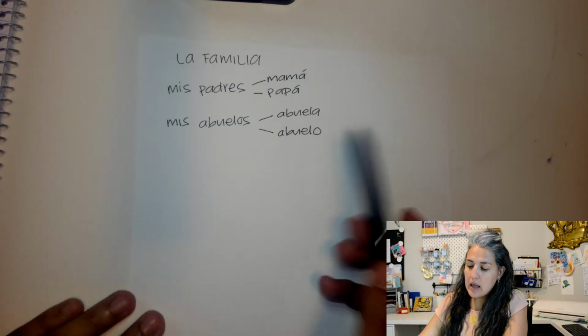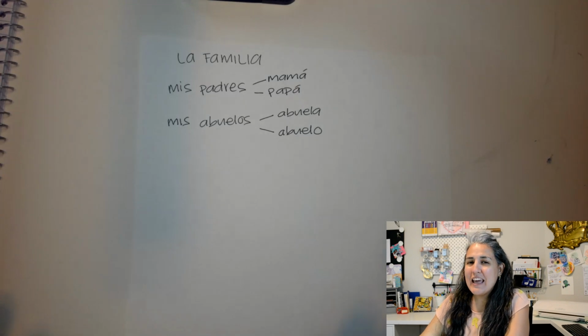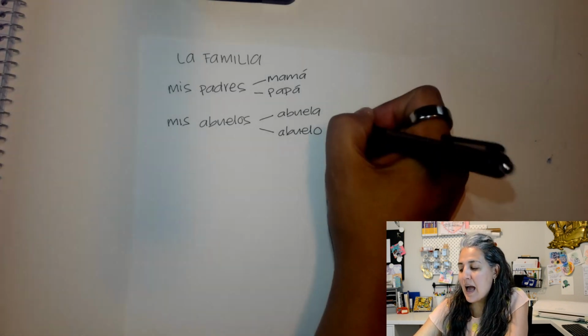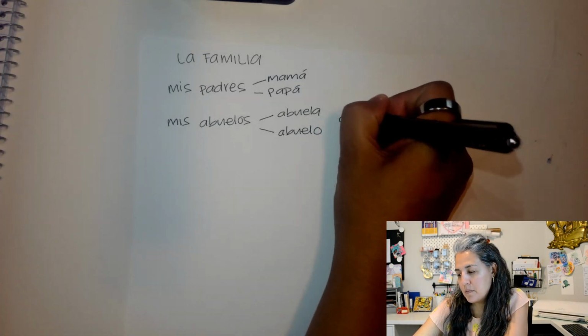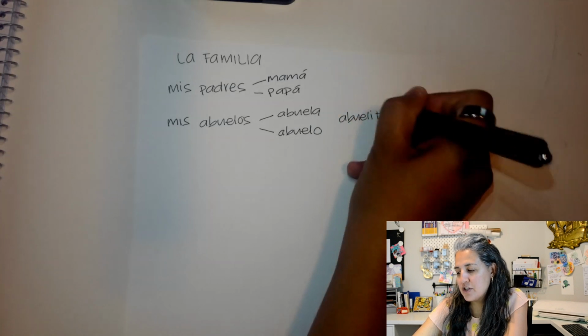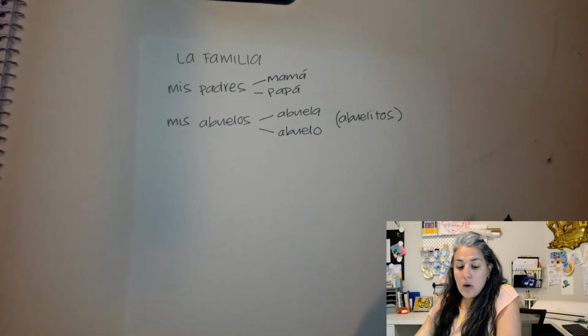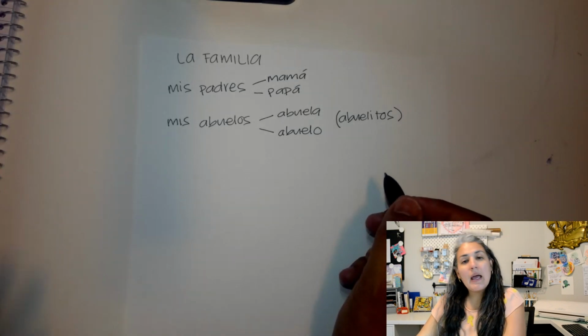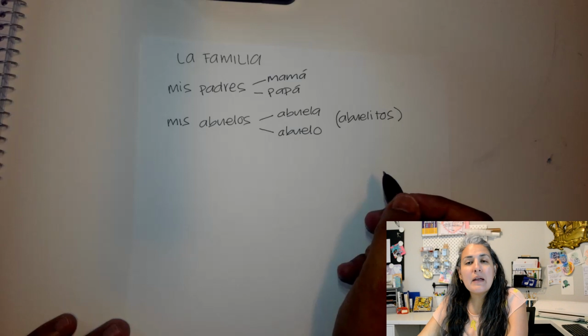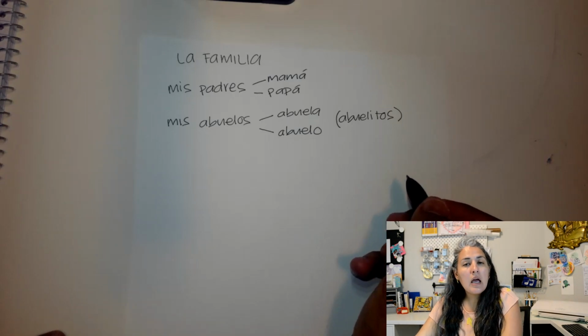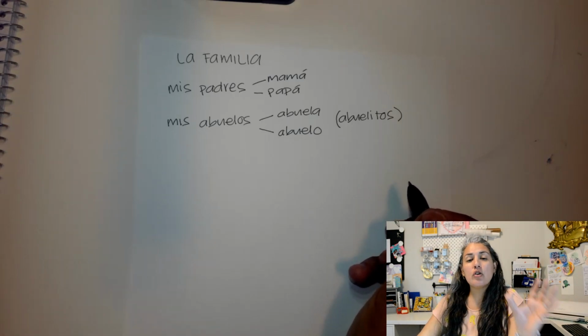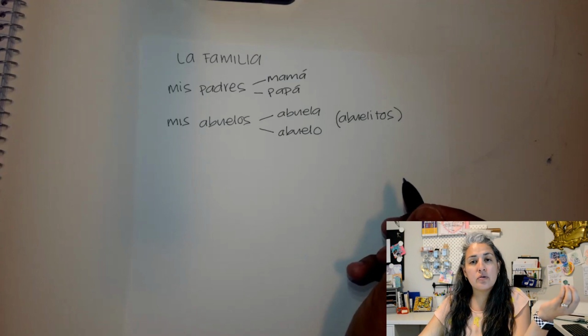Let's continue. So a nice way to call grandparents, we say abuelito. That's just to make it cute and nice. Abuelitos. So after that, we have sister and brother. In Spanish, we don't have the word siblings, but to talk about girls and boys, we say hermanos.